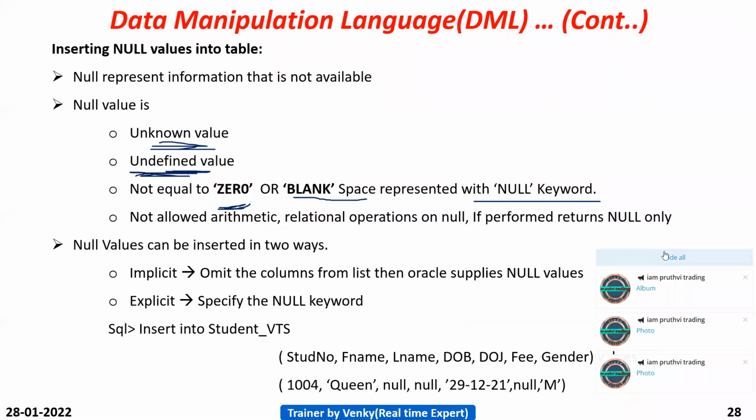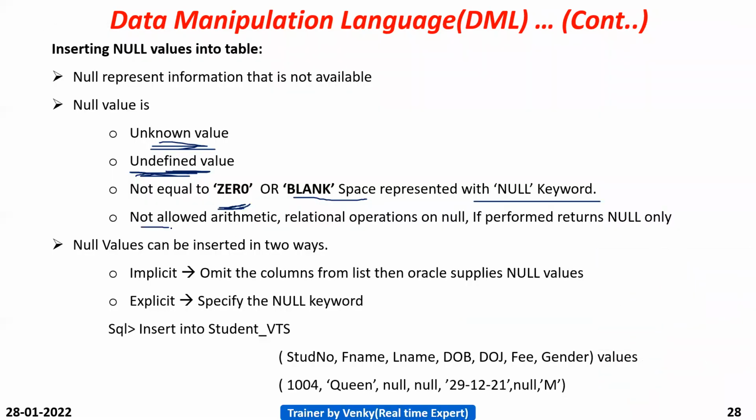Next, this one we can discuss: not null, arithmetic and relational operations on null are not allowed. This one we can discuss later, you need not know now. So we discussed what is implicit and what is explicit.